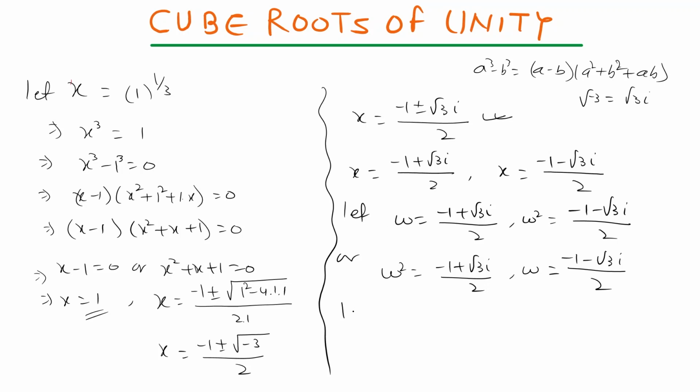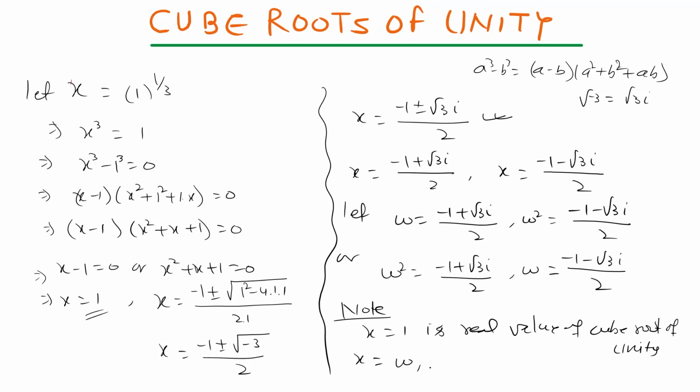So here is an important concept. x equal to 1 is called the real value of cube root of unity, while x equal to omega and omega square are called imaginary cube roots of unity.